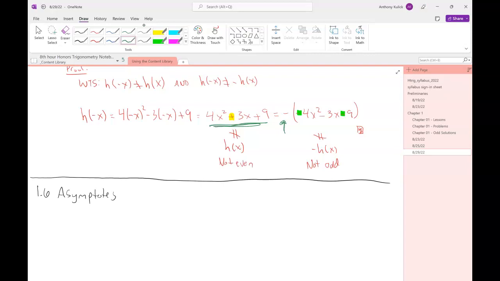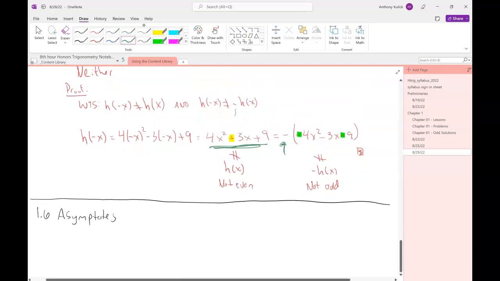And I did that because I wanted to check for negative h of x. So I took that negative sign out, and then checked to see if that stuff was h of x, which it wasn't because the signs were wrong. Does that feel okay? Are you sure? Okay, I'll take it.